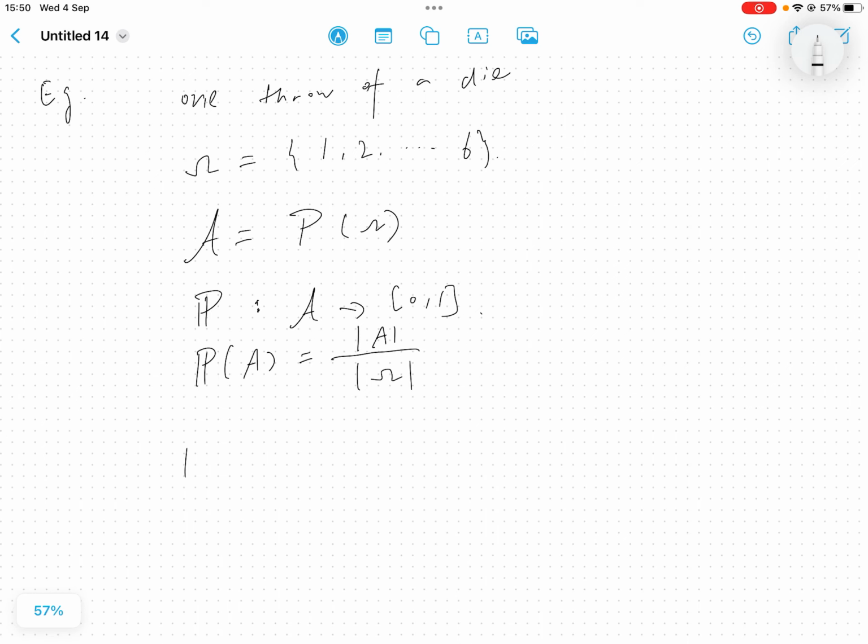So the probability of having 1 would be 1 over 6, or the probability of having an even number, 2, 4, or 6, would be 3 over 6, 1/2, right? So that's the example, and this is the idea of the probability measure.